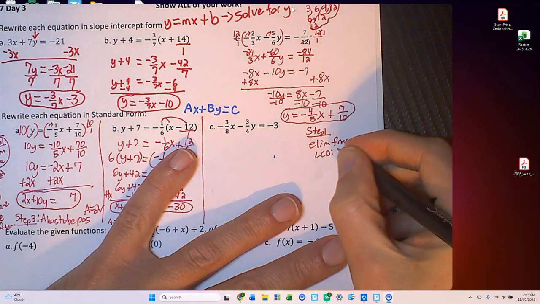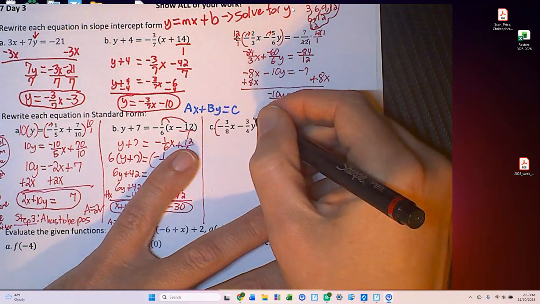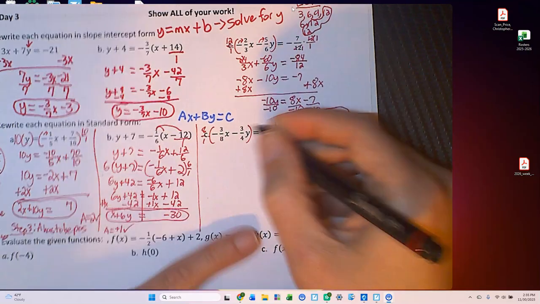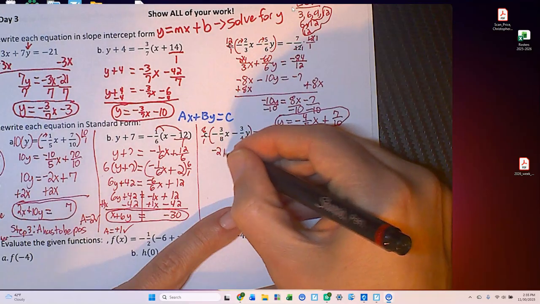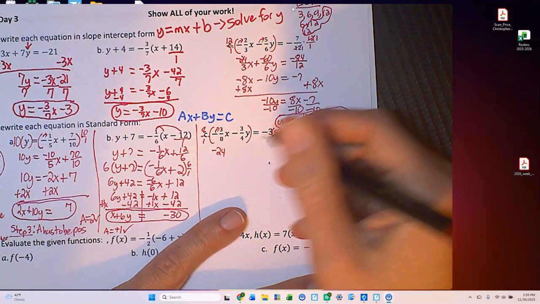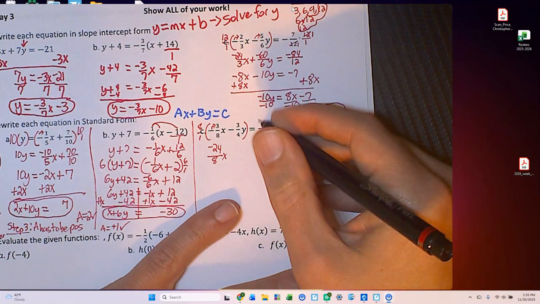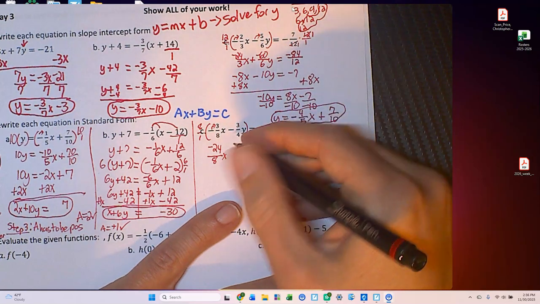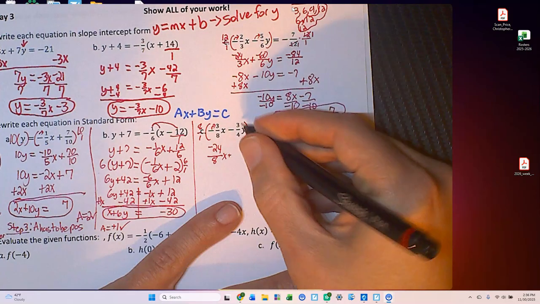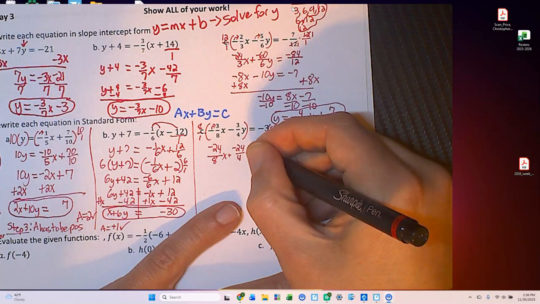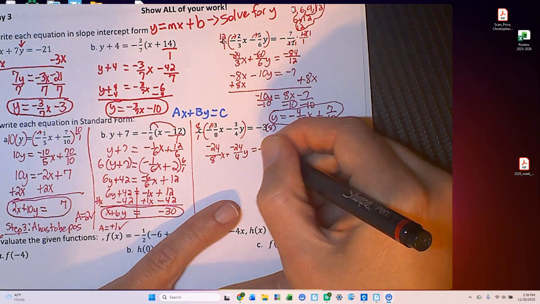LCD is 8. Negative 24, because that negative goes up with 3. 1 times 8. Plus negative 24 over 4y.